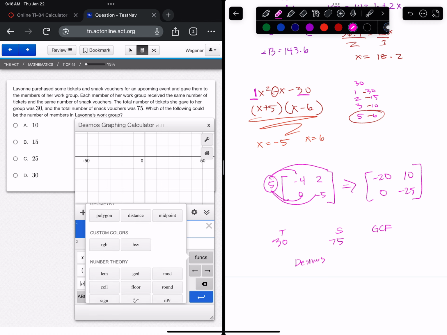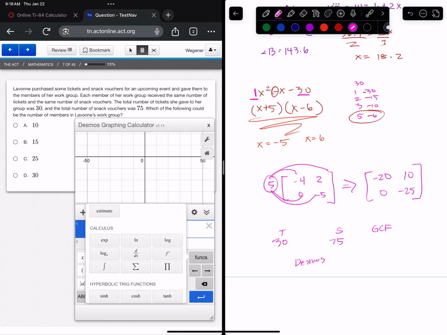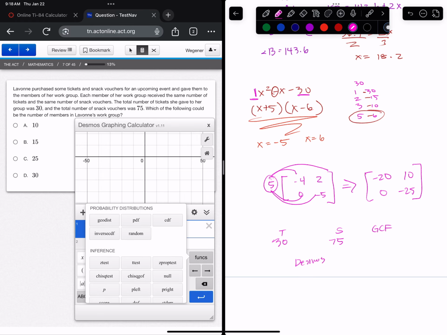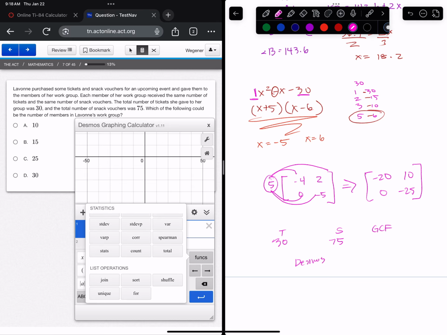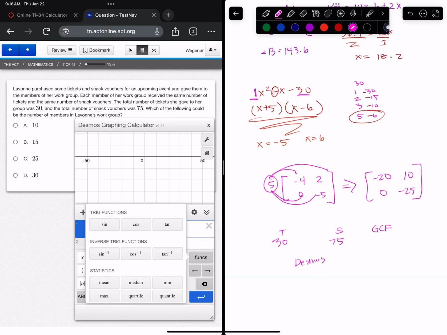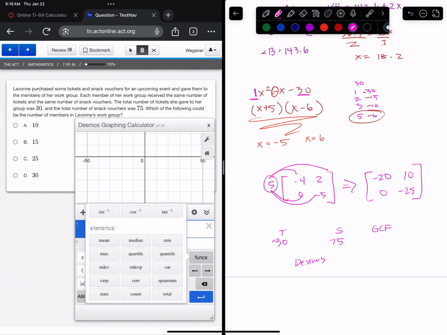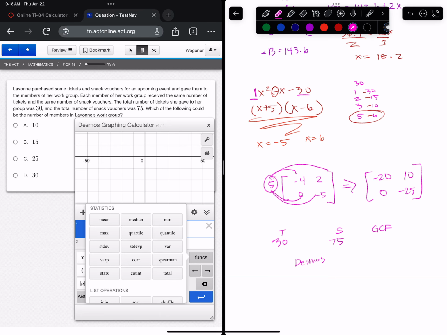But we're trying to find GCD, and this is why it's important to familiarize yourself with the Desmos calculator, because I don't want y'all on the day of the test being like, where the heck is this? You should know where it is.